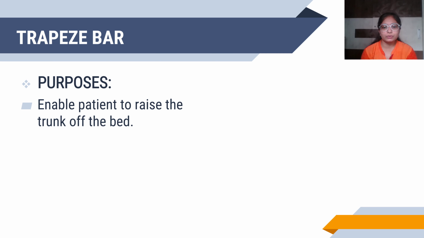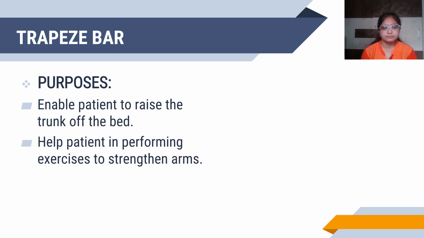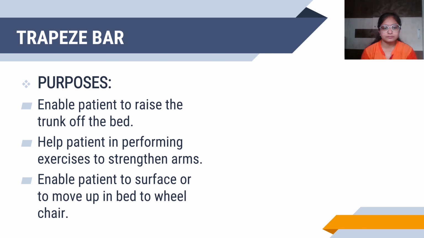It enables the patient to raise the trunk off the bed. It helps the patient perform exercise for strengthening of the arms. It helps the patient to move up in bed or move to a wheelchair.